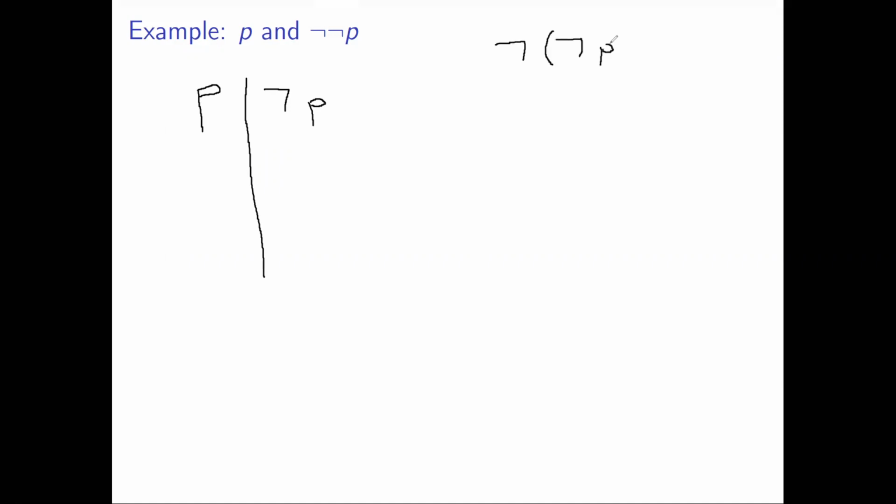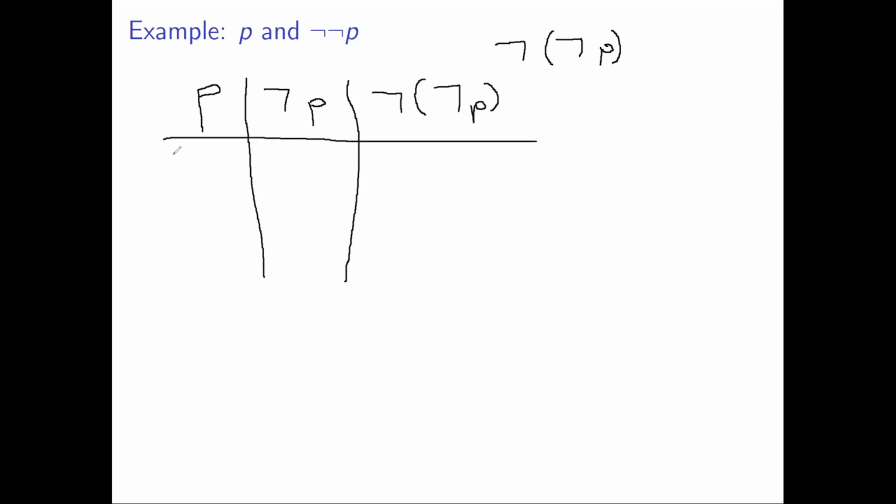We can write it like that to make it a little clearer. And that tells us we should have a column for the not P. And then we'll have our last column, the not not P. So we only have a single propositional variable here, the P, and that means there's only two rows for the truth values, T or F.